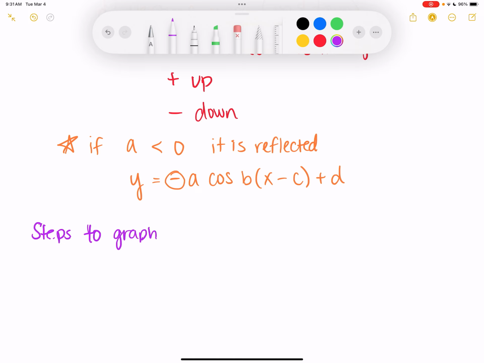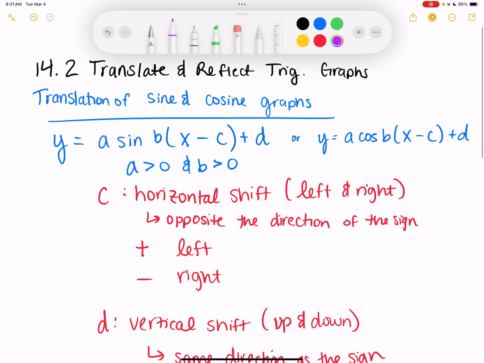I actually got these out of the AP pre-cal prep book, because I feel like they do a really good job of explaining how to do this, and that way you're ready for next year. This will be using the general form that we wrote at the top, so I'm not going to rewrite it, but just know that it would be using one of those original forms.